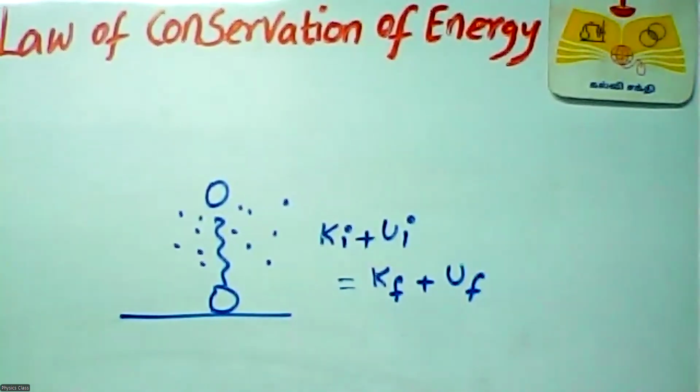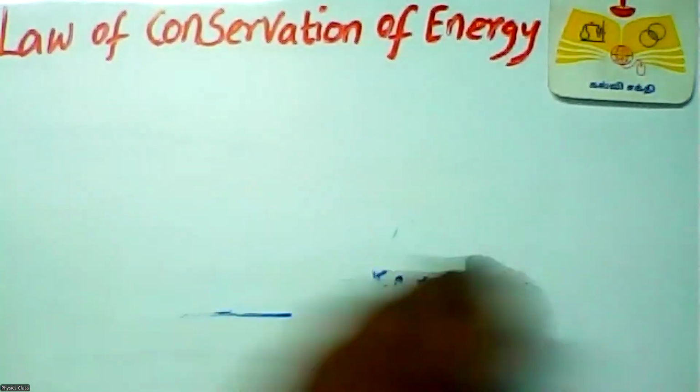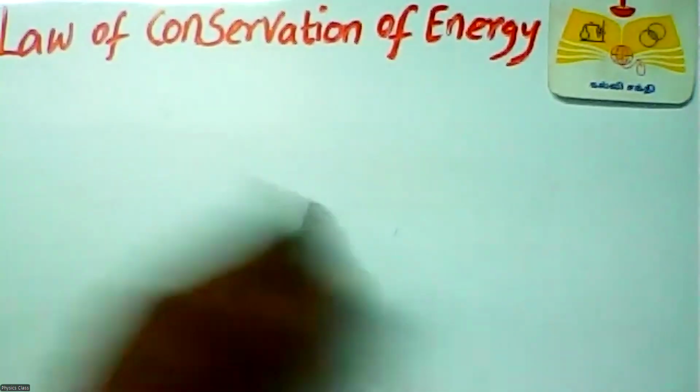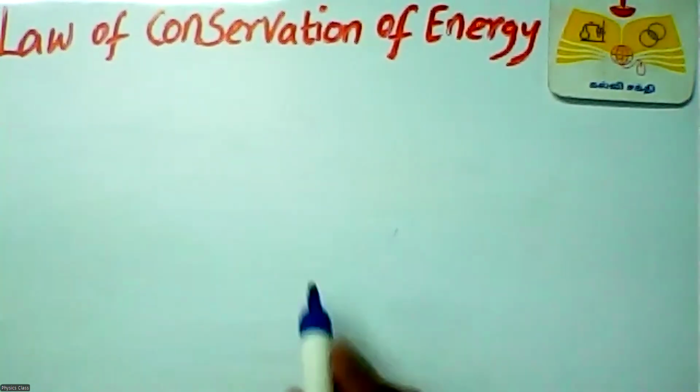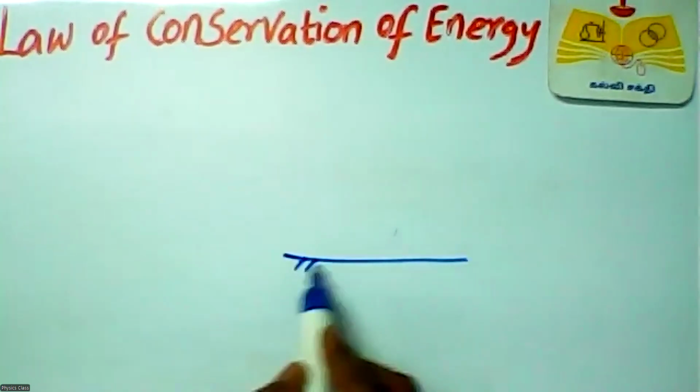In your book, you can see the definition for conservation of energy. We can calculate. Now, this is the ground level.